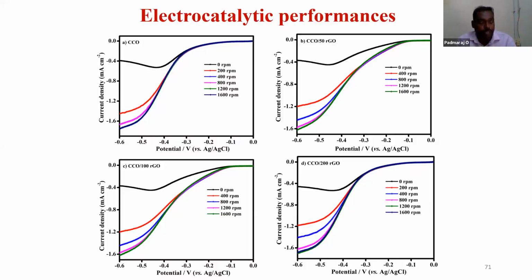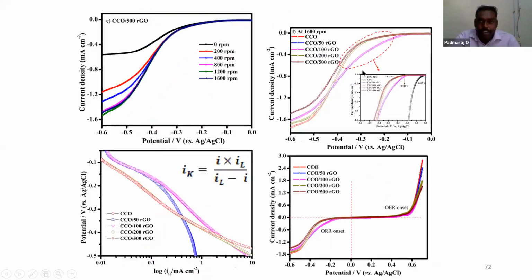Here the platinum is the counter electrode, the silver is the reference electrode, and the working electrode is a modified glassy carbon. So here at 1600 RPM, I analyze the catalytic performance. This is a Tafel slope. From the Tafel slope, we can also calculate the kinetic current.